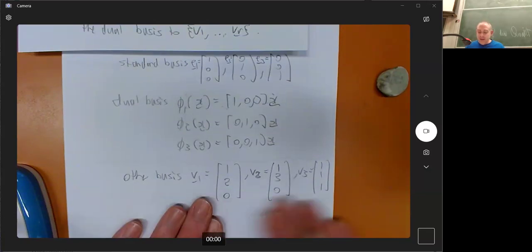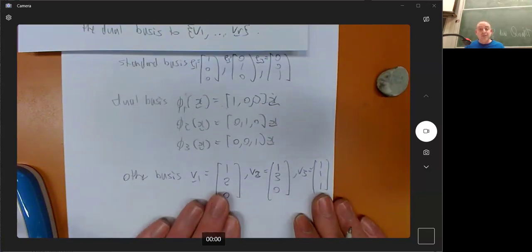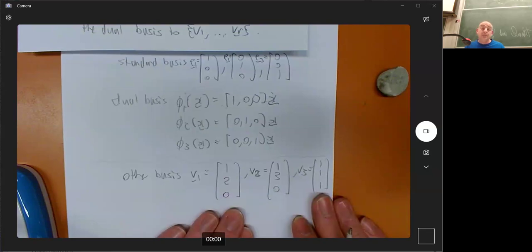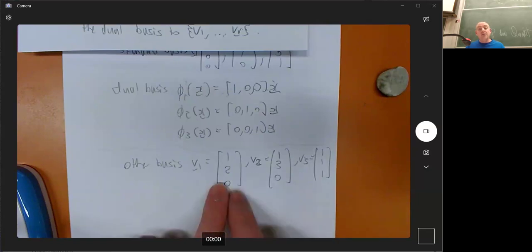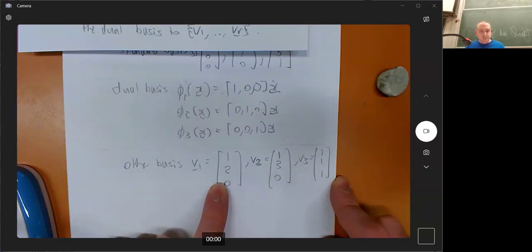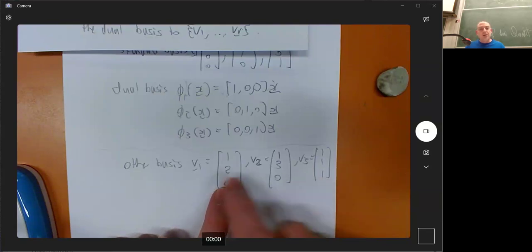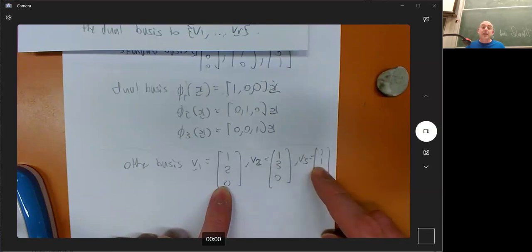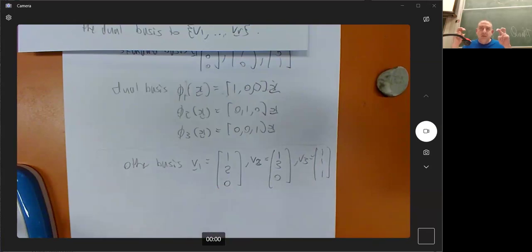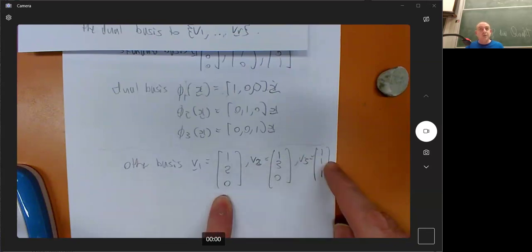So this is a basis. It must be possible to find a dual basis that goes with this. So I need something that when I run this through the linear transformation, it produces 1 for this and 0 for this, and 0 for this. And that will be the dual basis vector, the linear functional that goes with V1. And we need something that has 0 for this and 1 for this and 0 for this.